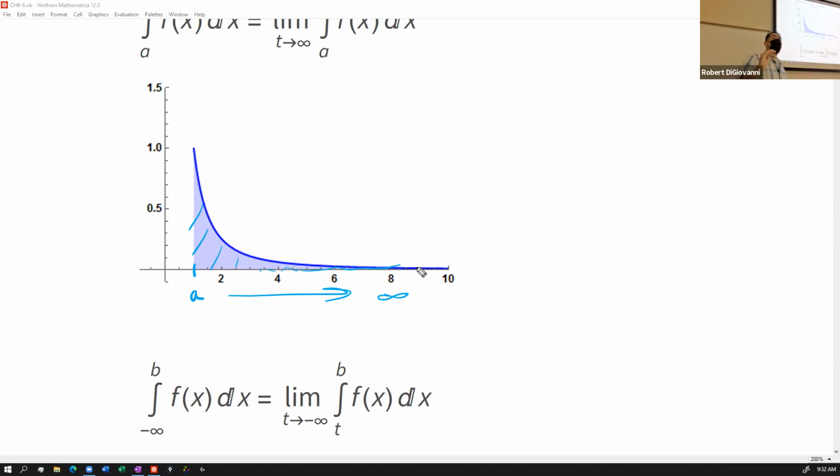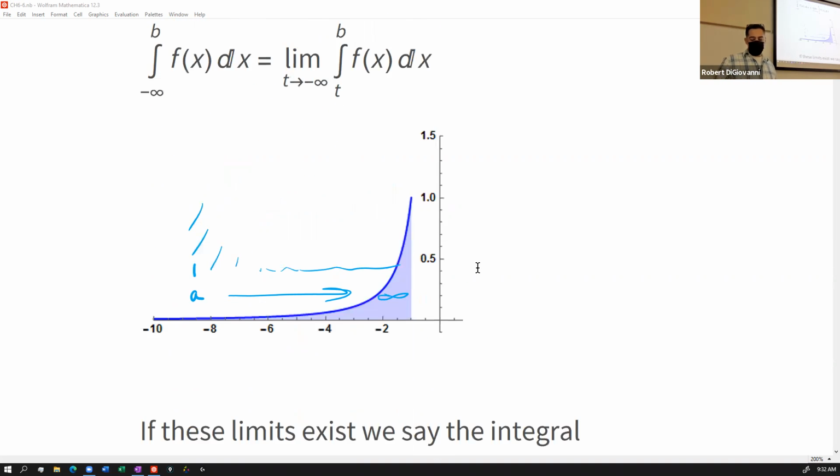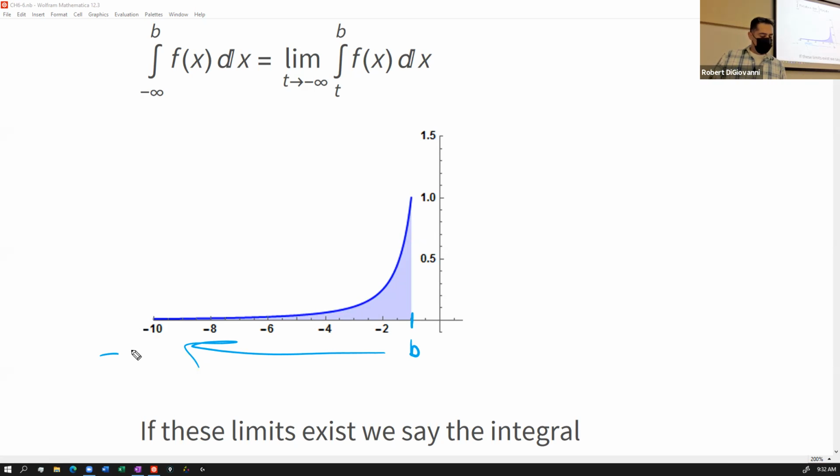It is all going to depend on the function itself. The function will dictate whether or not we have a finite answer. The other kind of visual is the other direction. There we have a right endpoint of B, and it goes this way forever, and we're trying to find that area.